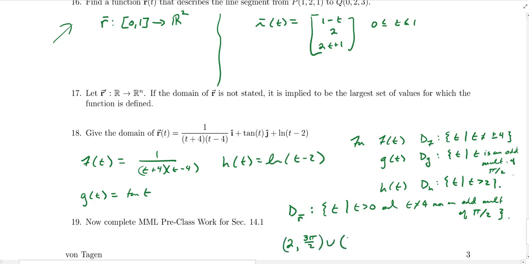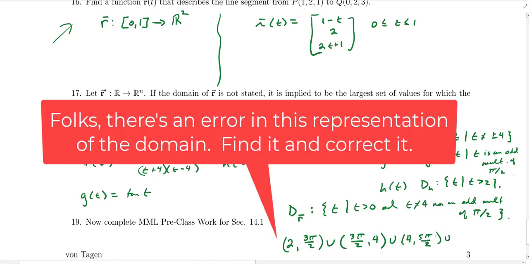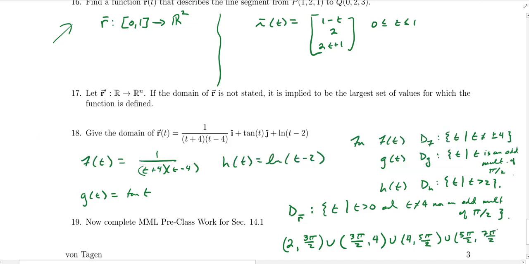Or we could go from 3 pi over 2 to 4, or from 4 to 5 pi over 2, union with, and then we continue on, so now we just have the odd multiples of pi over 2, 5 pi over 2 to 7 pi over 2, and 7 pi over 2 to 9 pi over 2, and then we could just put dot, dot, dot, because I think the pattern should then be apparent. So issues of domain really just boil down to looking at the domains of the component functions, and that's going to be really useful going forward.